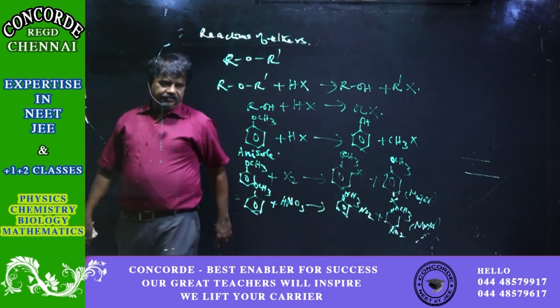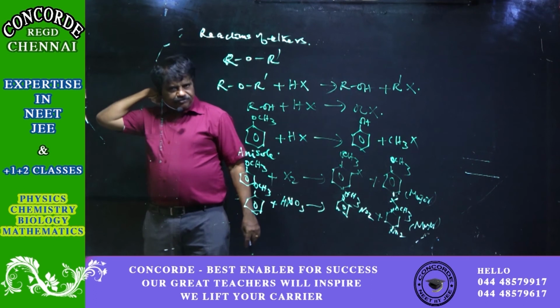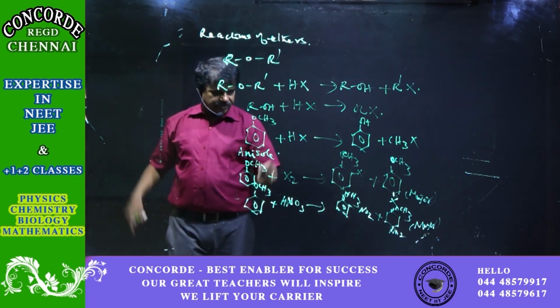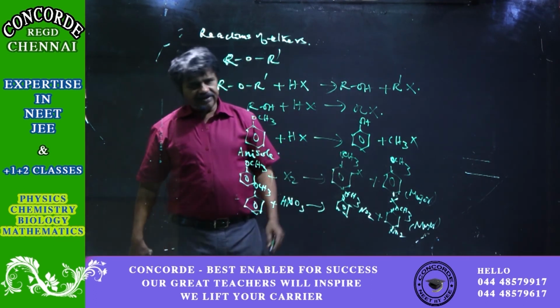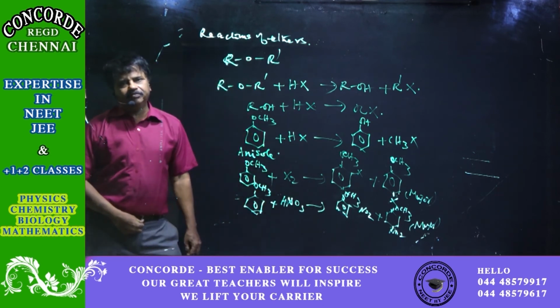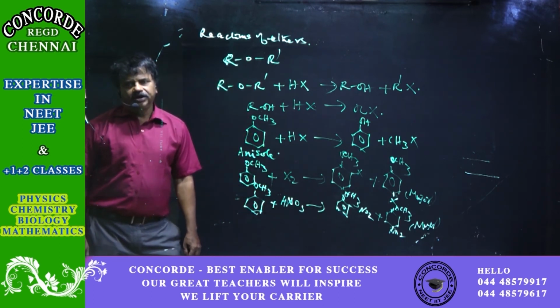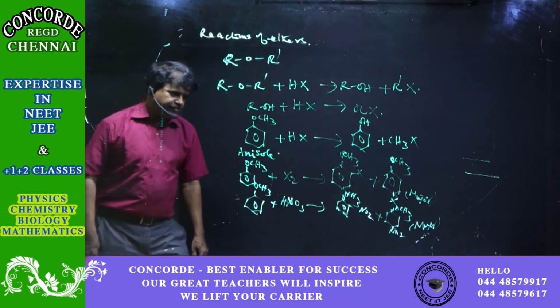So these are the electrophilic substitution reactions where the substitution happens either at the ortho or the para position, but the product formed is more if it occupies the para position.